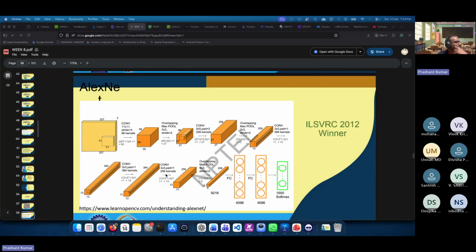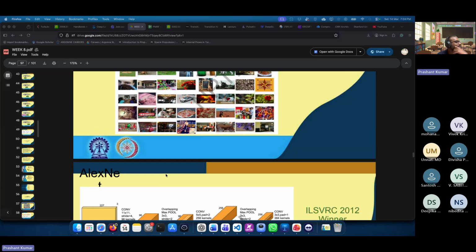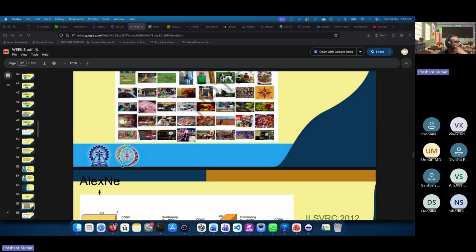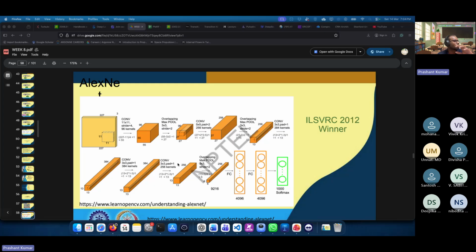So how does this network look? You can see that each image has a dimension of 227 cross 227 cross 3, which means each input is an RGB image. Then we do this convolution. Let's take an overall look, then we will go one by one.